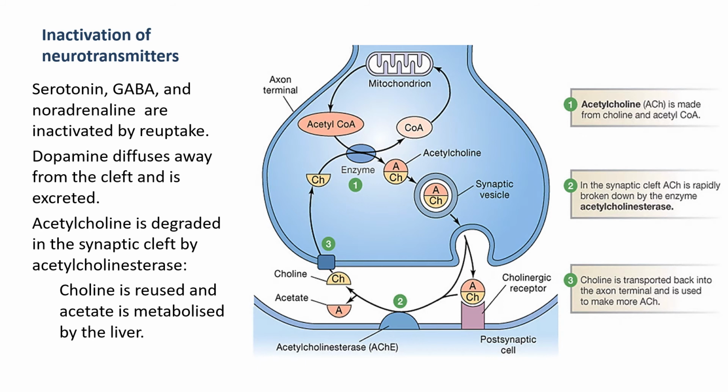The choline part is reused, so it's taken back up in the same way as our other neurotransmitters, serotonin, GABA and noradrenaline are, but only the choline part of ACH is taken up. The acetate part is metabolized by the liver and then excreted. So different neurotransmitters are inactivated in different ways.